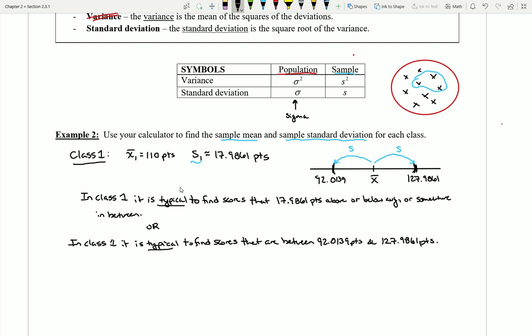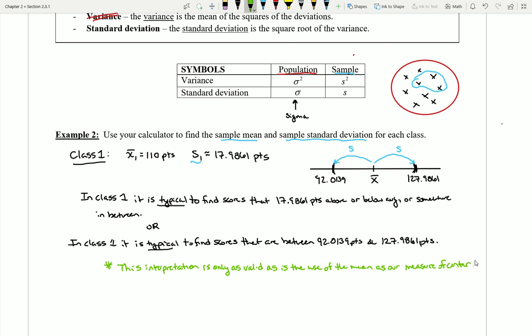Now what we'll see here is one additional important note that I'm going to highlight down here. Specifically, this interpretation is only as valid as is the use of the mean as our measure of center.